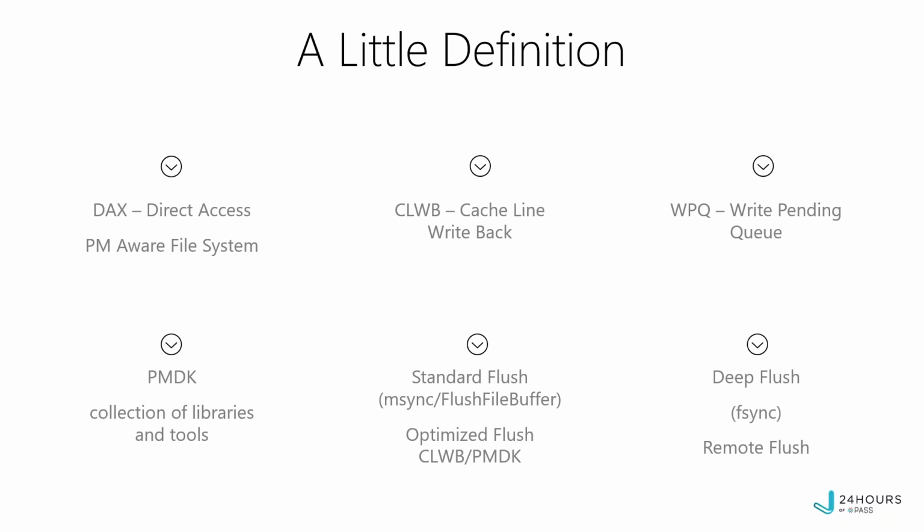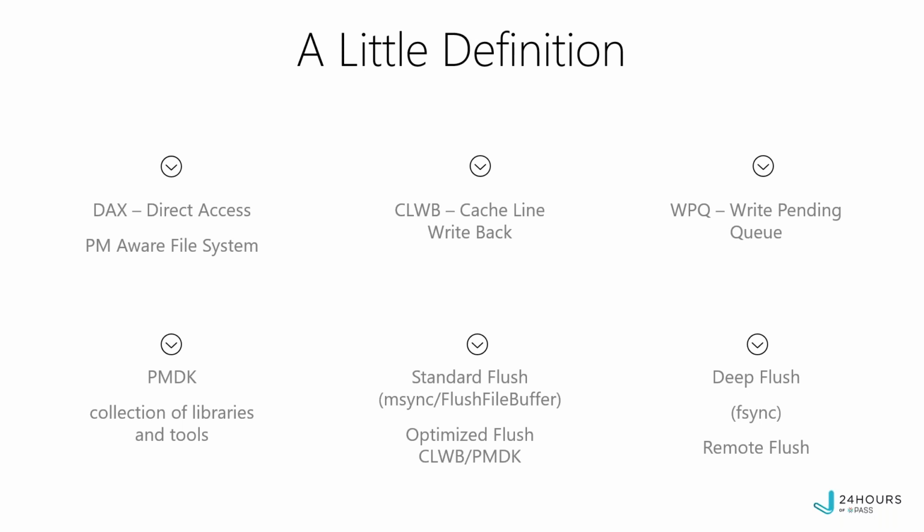And we have different types of flushes that we are going to be talking about, and whether or not an application does that. A flush basically is to move data from your cache lines to your persistent media, whatever it is, either memory or SSD. It's just how we actually store content. And we have different levels of flush.